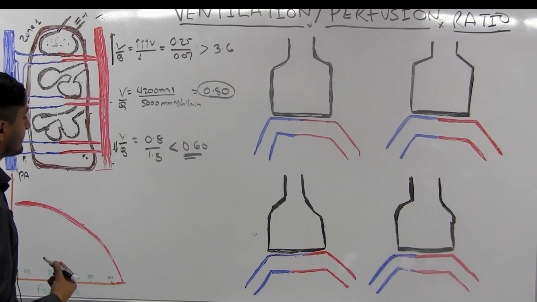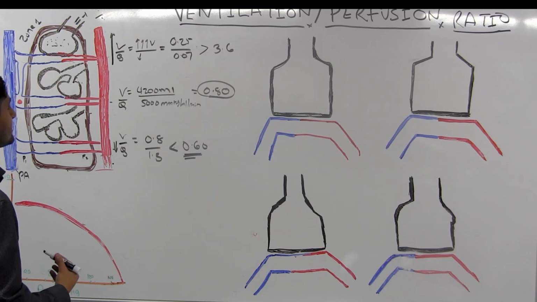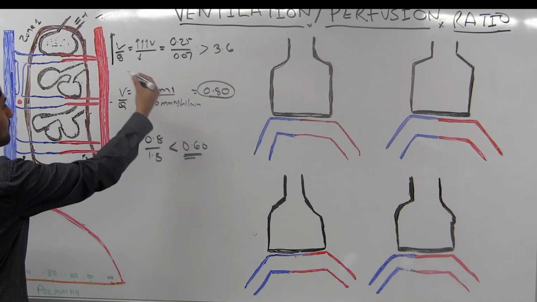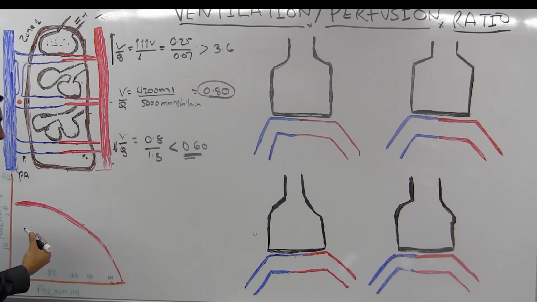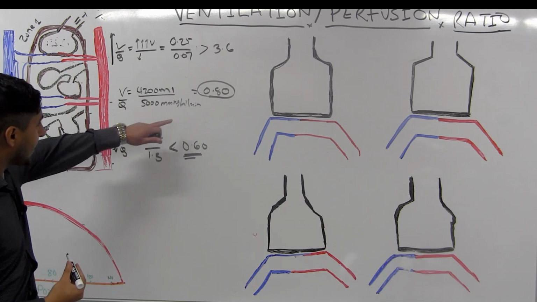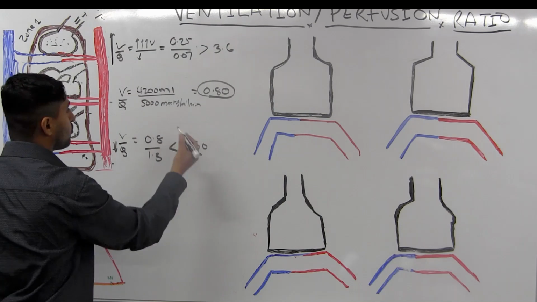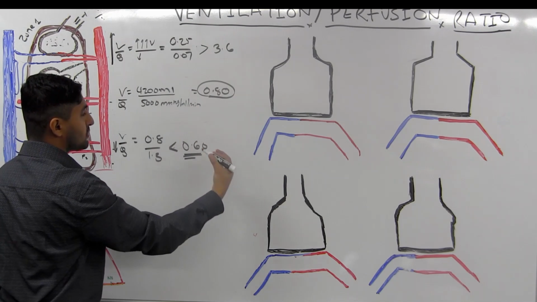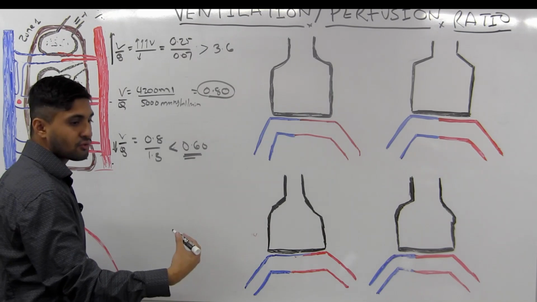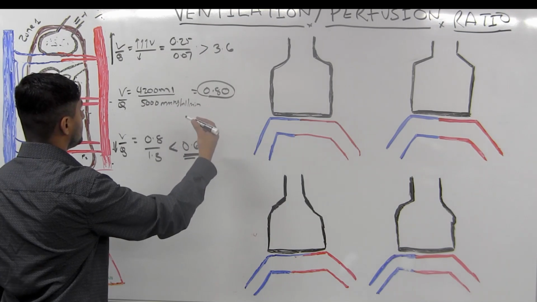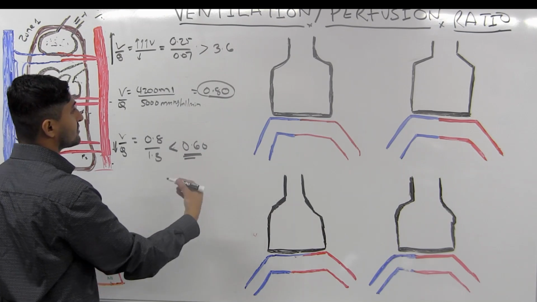Now, this is just the normal thing I'm talking about right now. If the ratio is 1 to 1, or equal to 0.80, we call that normal. But whenever there's a high VQ or a low VQ, there are some things that could change it.